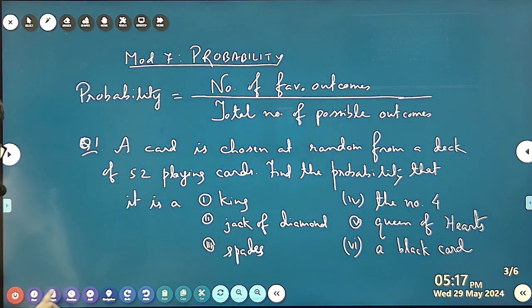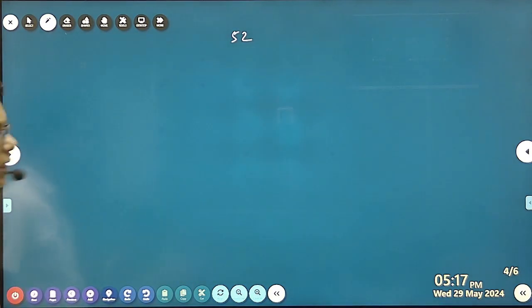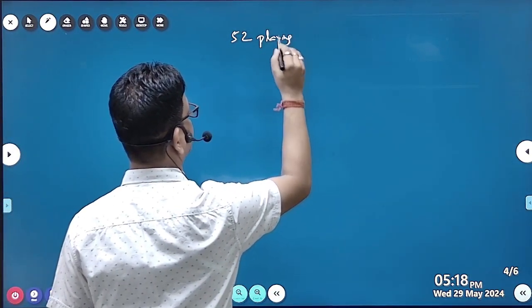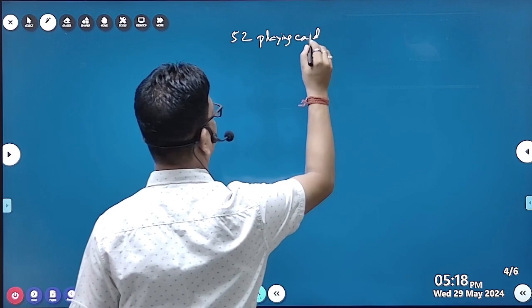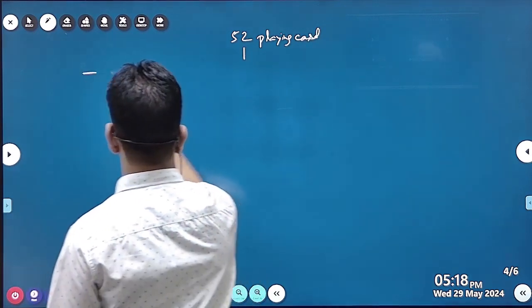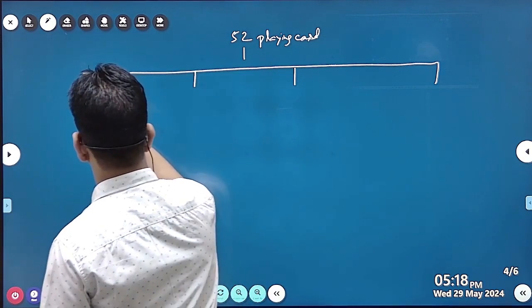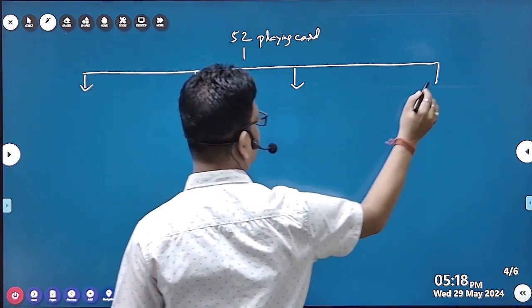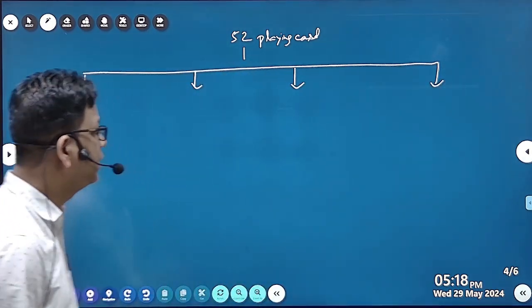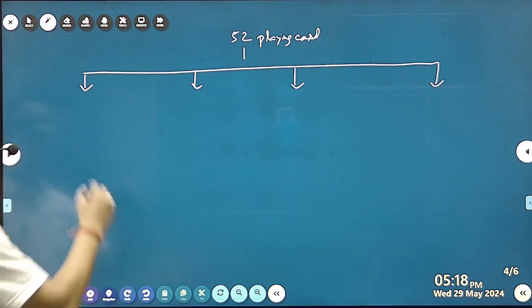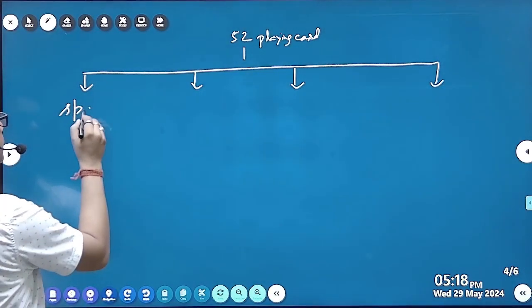To explain this, let me first explain the divisions. There are a total of 52 playing cards that we always have. Now these 52 playing cards are divided into 4 categories. Do you know that? If you know this, it will be easy for you to understand. The category names are spades, anybody?